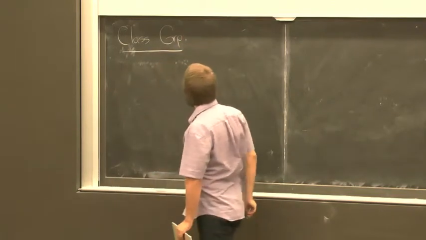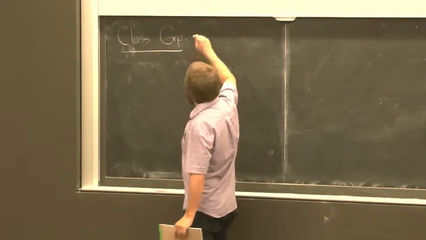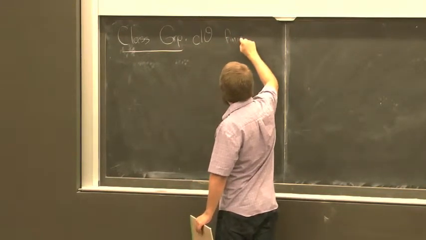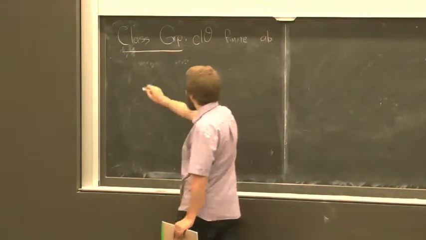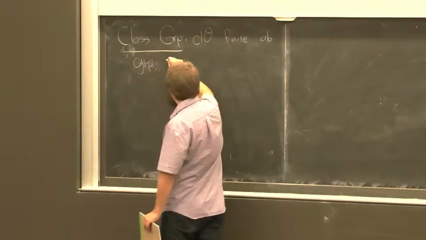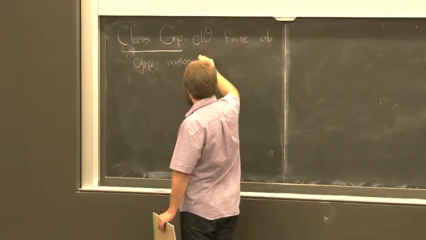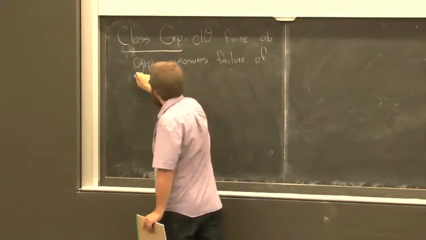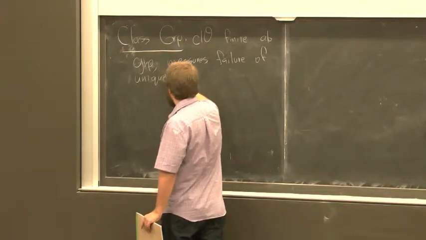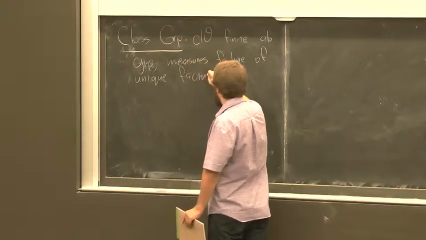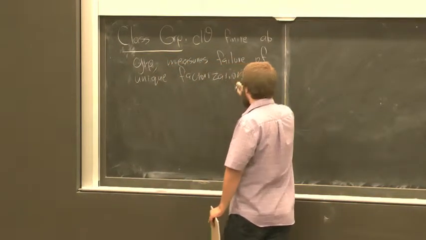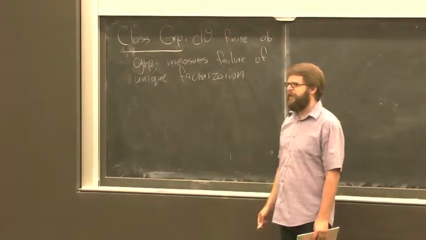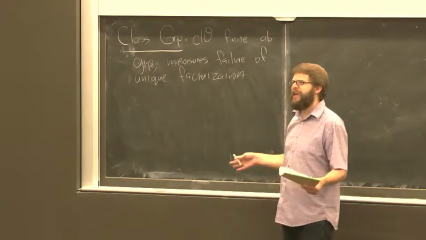So the class group of O is a finite abelian group, and it measures the failure of unique factorization. I'm not going to give a formal definition of it, but I want to give some examples, and a sort of geometric result that tells you how big it is.